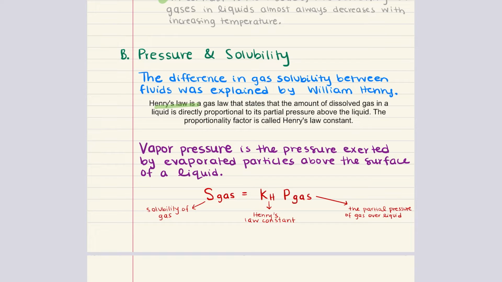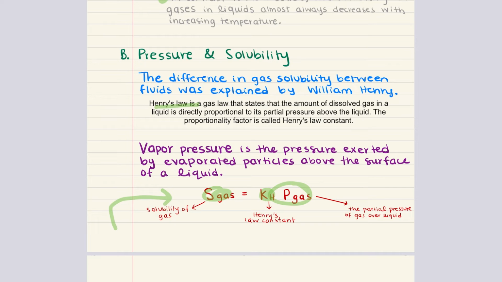The relationship between gas solubility and pressure can be expressed by this equation right here, where the solubility of the gas in the liquid depends on Henry's law constant and the partial pressure of the gas.